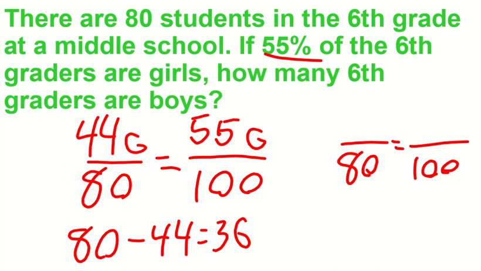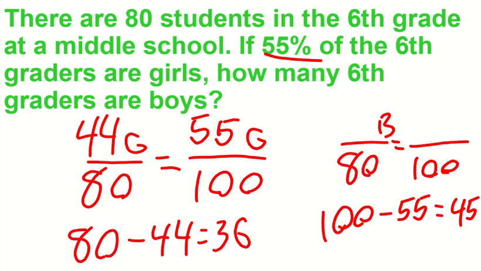Another way you could do this is to subtract at the beginning. Since you're trying to find the number of boys, if you subtract the percentage of the girls from 100, that'll give you the percentage of boys. So if we take 100 and we subtract the 55% for the girls, that tells us that 45% are boys.